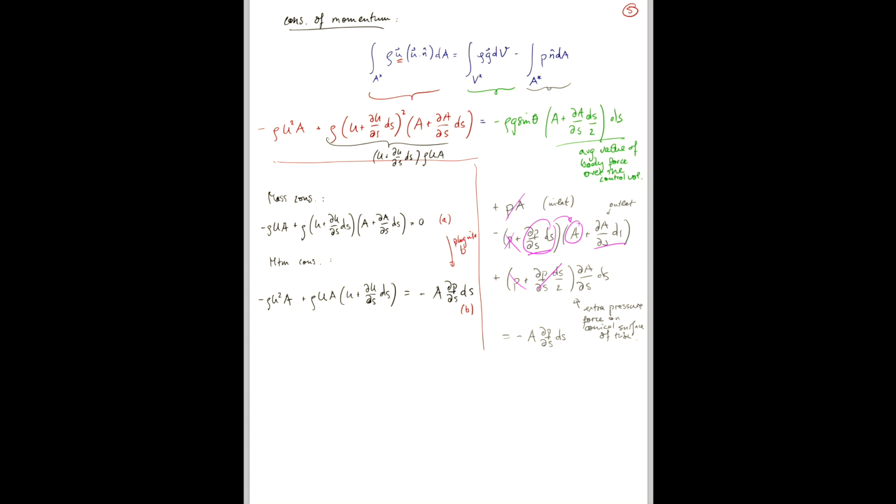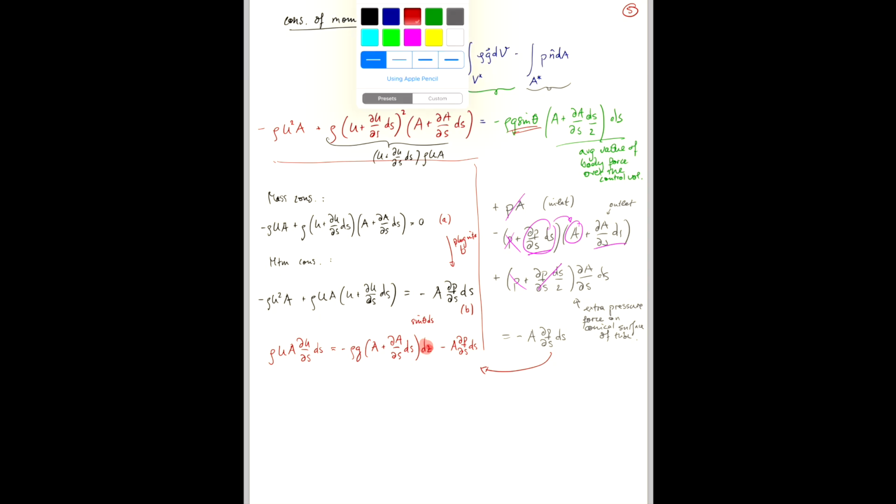and you will find rho u A du/ds ds is equal to minus rho g (A plus dA/ds ds) dz, where for dz we've used sine theta ds when we compare it to up here, minus A dp/ds ds from over here.